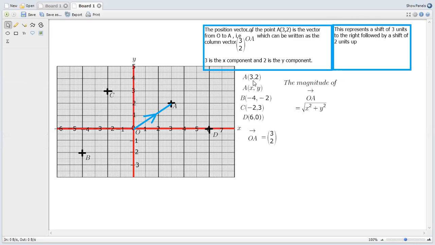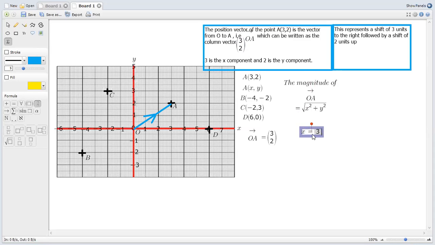Alright, so I'm going to do A now. So we know what x is already, and just so you don't confuse yourself, sometimes it's best to write what x is. X is 3. We want to know what x squared is too, right? If x is 3, what is x squared equal to?